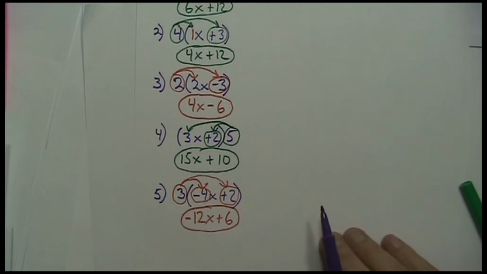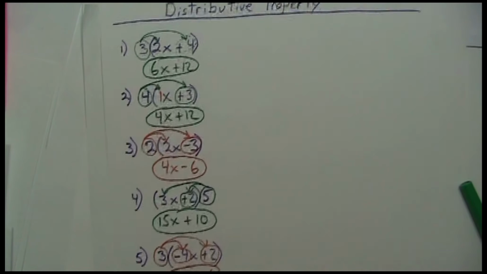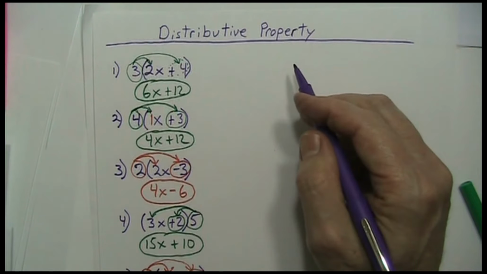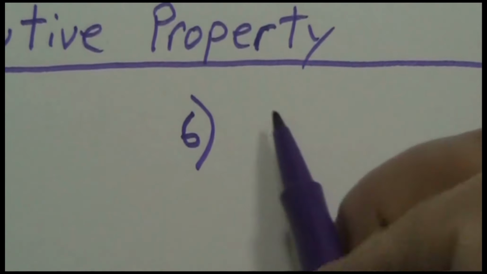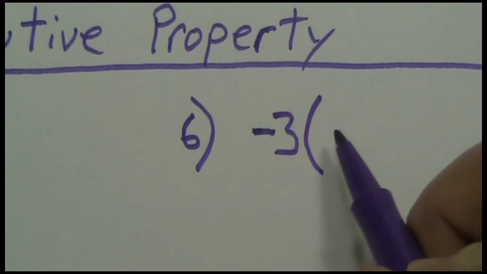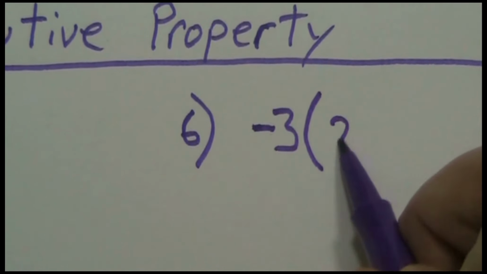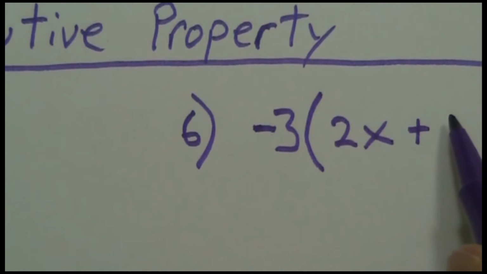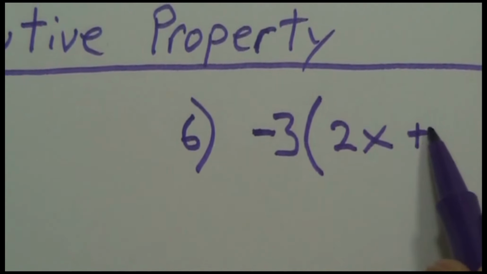Okay, I'm running out of room, but if you ever run out of room, just always go back up to the top of the page and write on the other side, the right side. Okay, so number 6 example, we'll take the number -3 times 2x, oops, I made a mistake.